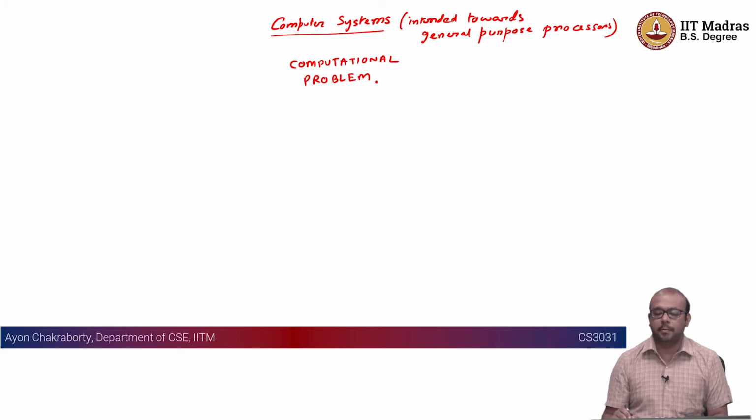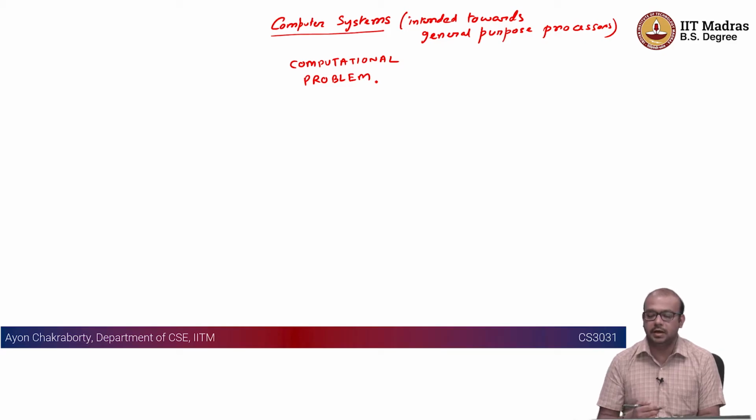And by computational problem, it has a special meaning. If you really take up a course on theoretical computer science, they keep talking about Turing complete systems and so on. Without going into the nitty-gritty details or the technicalities of those terms, I would restrict myself to giving you a very simplistic argument about what is computational, something that you can compute. There is no ambiguity in terms of the results.